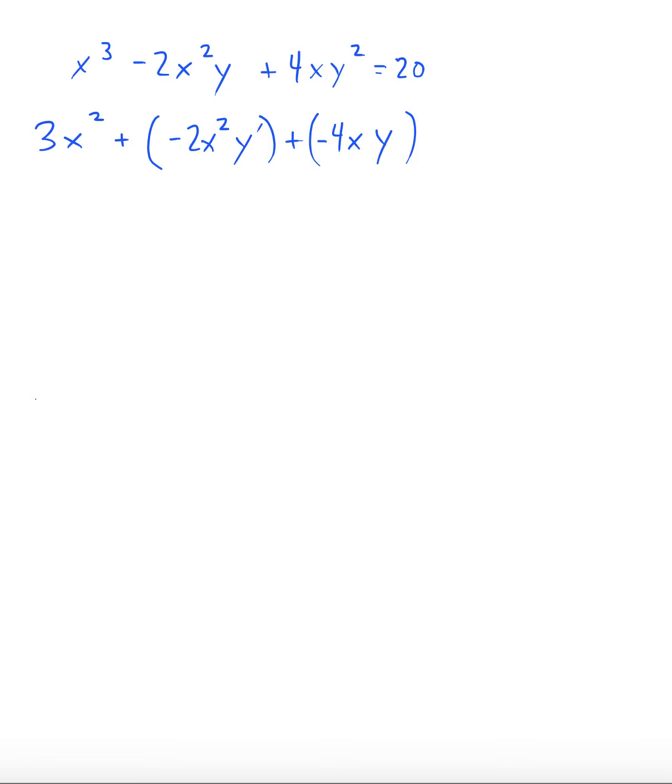That's product rule. I'll do the same thing with this other term. So first I'll leave the 4x alone, and then I'm going to multiply by the derivative of y squared. But that'll be 2y, y prime.